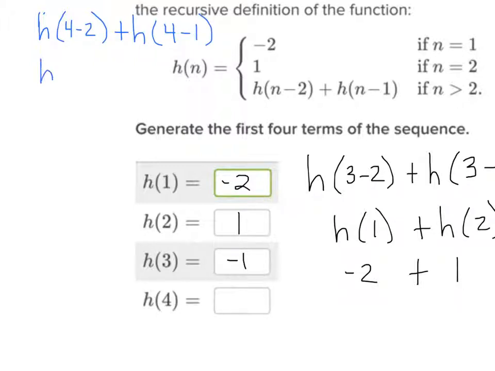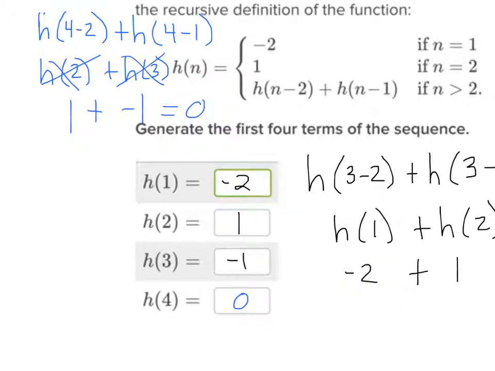And so that's asking me, what is h of 2 plus h of 3? Well, it says right here that h of 2 is 1. So I'm going to replace this with a 1. And it says right here that h of 3 is negative 1. So I'm going to replace this with negative 1. So when I add them up, what do I get? 0. So the answer here is 0.